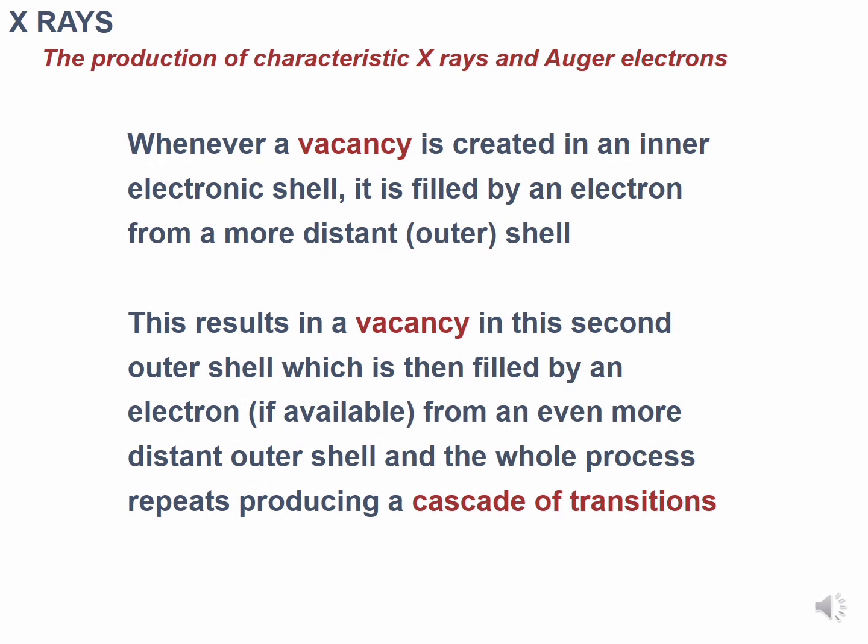So whenever a vacancy is created in an inner electron shell, it is filled by an electron from a more distant or outer shell. This results in a vacancy in the second outer shell, which is then filled up by an electron, if available, from an even more distant outer shell, and the whole process repeats, producing a cascade of transitions.